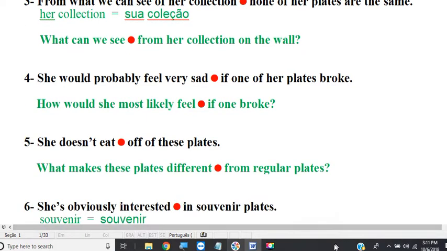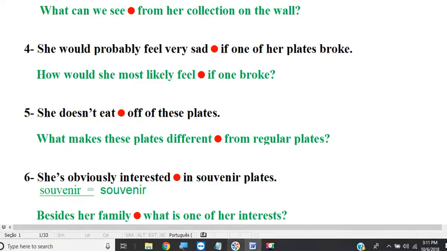Line 4. She would probably feel very sad if one of her plates broke. Question.